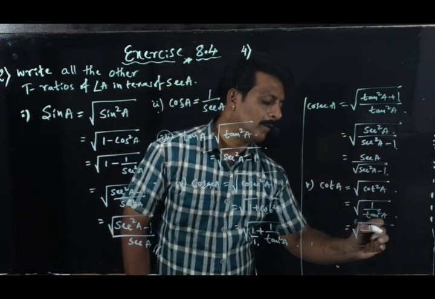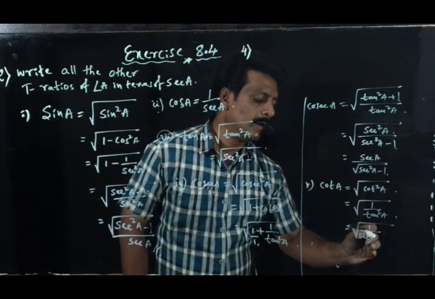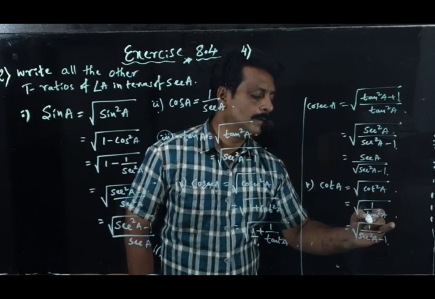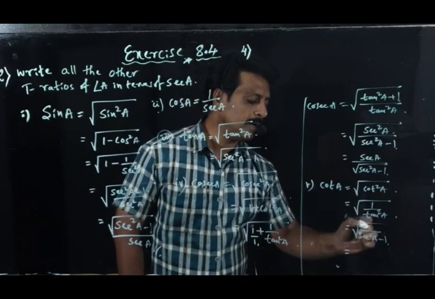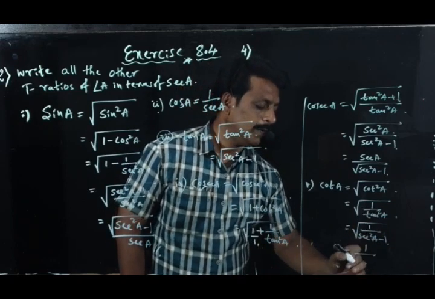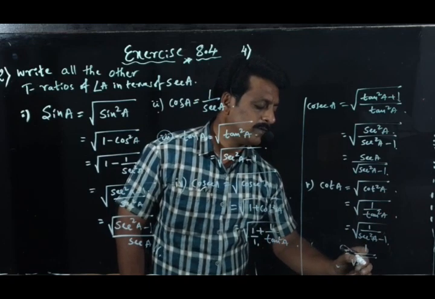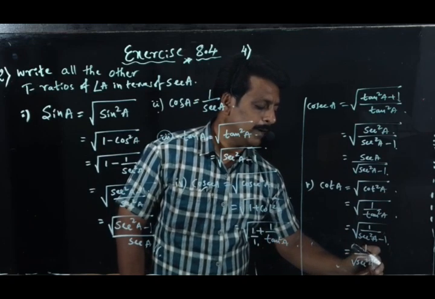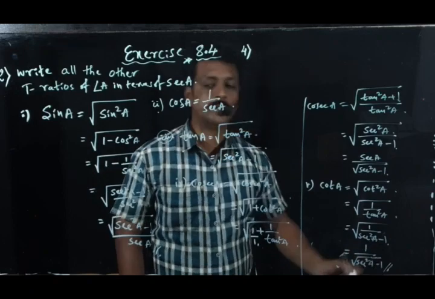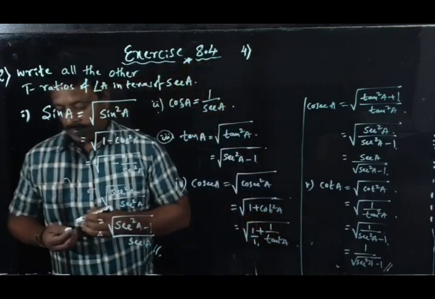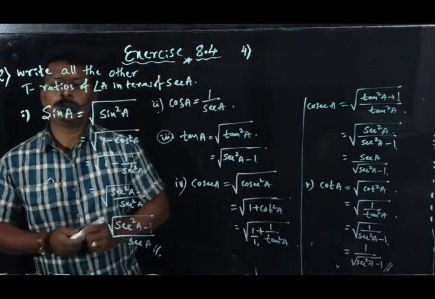So 1 upon sec square A minus 1. If you want to write one more step, you can write square root of 1 divided by square root of sec square A minus 1. This is converting all trigonometric ratios in terms of sec.